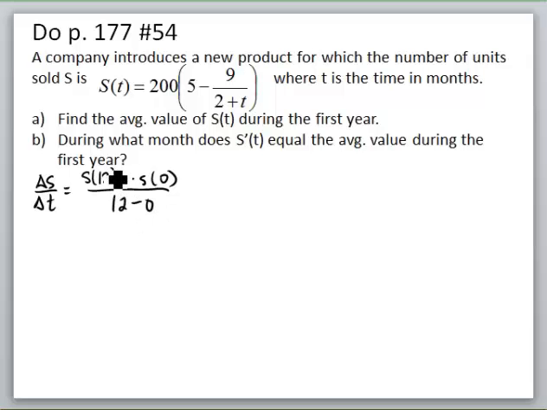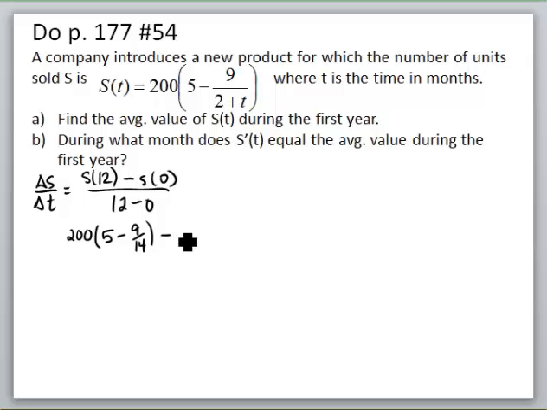Now what you're going to do is plug 12 in there. And you're going to want to use a graphing calculator or some sort of calculator to compute this for you. But you'd have 200 times, let's see, 5 minus 9 over 14, because 2 plus 12 is 14.